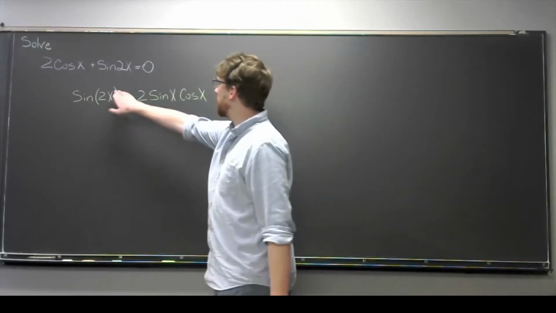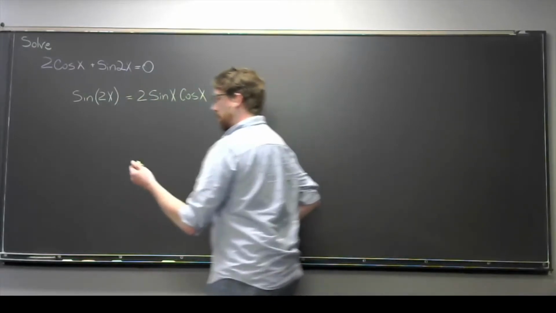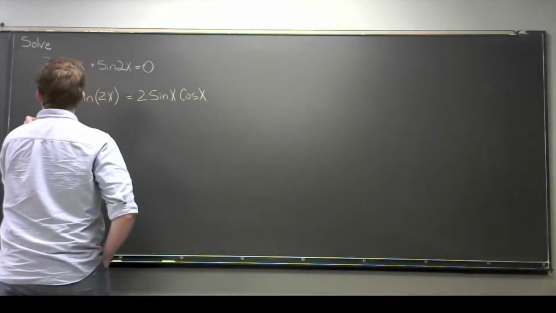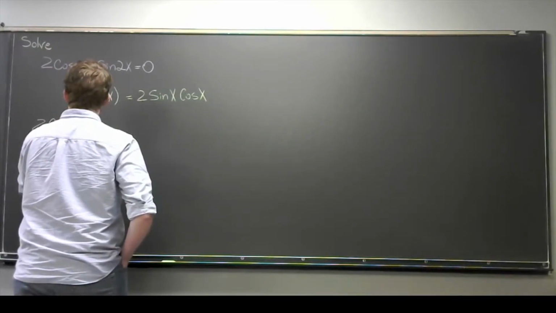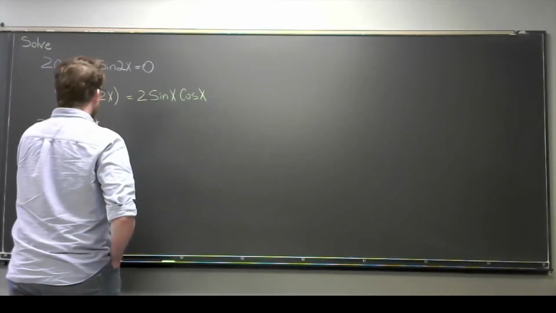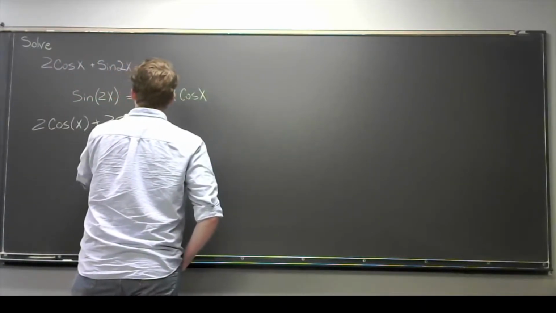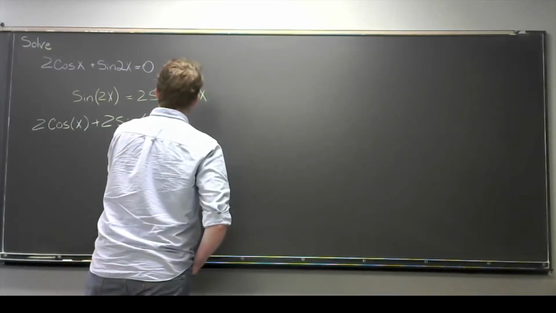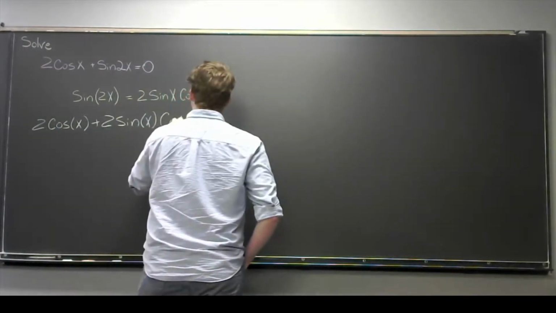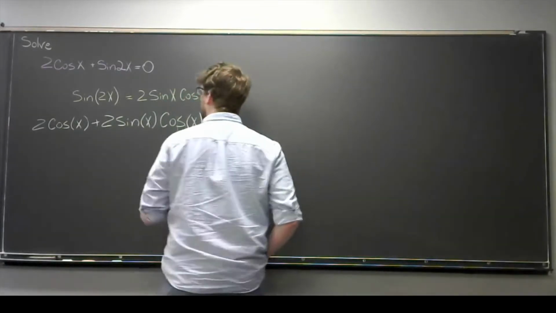We're just going to substitute all of this in for sine of 2x. When we do that, we get 2 times cosine x plus 2 sine x times cosine x is equal to 0.